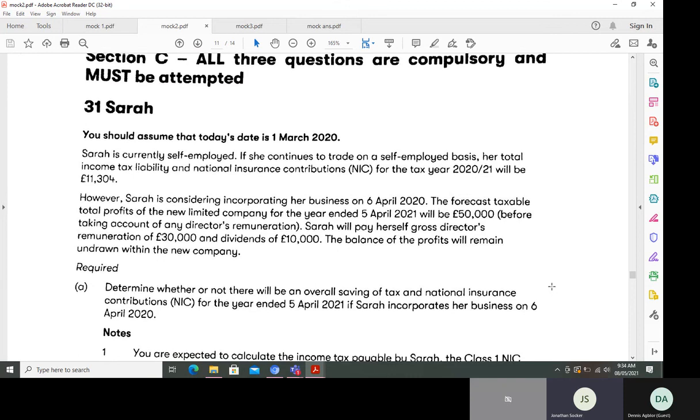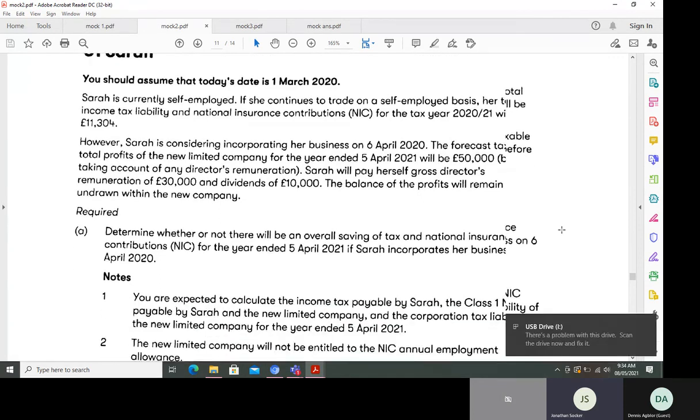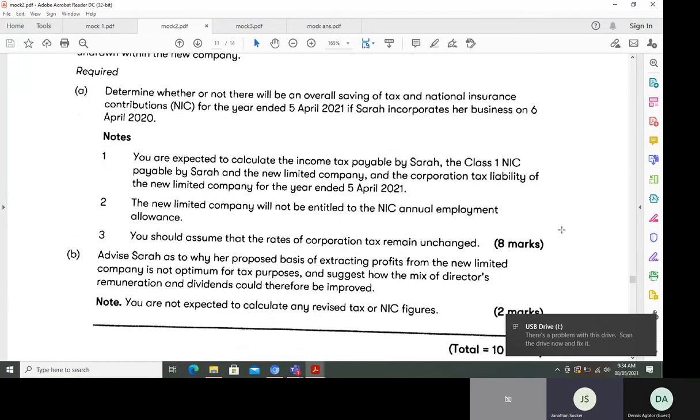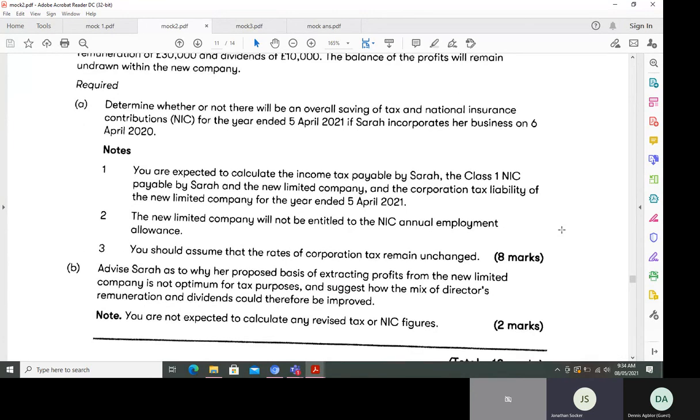Okay, so on Sarah, this is a 10 marker question. We have A and B. The A part is we have to determine whether or not there will be an overall saving of tax and NIC contribution for the year in question if Sarah incorporated the business at the beginning of this tax year.